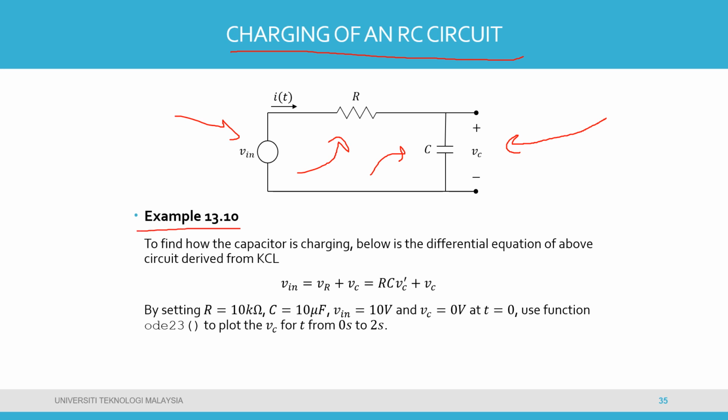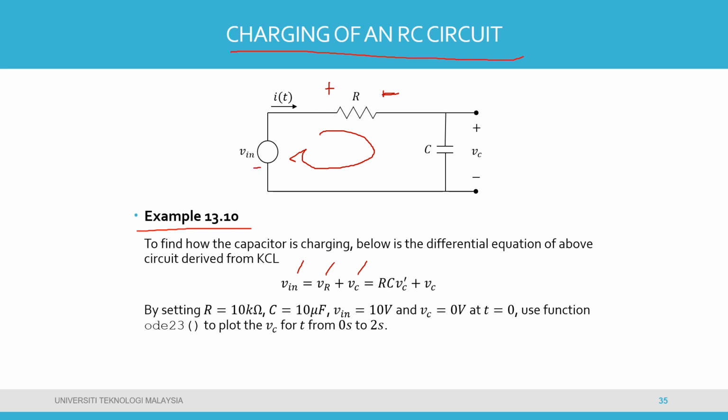To find how the capacitor is charging, the differential equation of the above circuit is derived using Kirchhoff's current law. So you do Kirchhoff's law here: Vin is equal to VR plus VC, the voltage across the resistor and across the capacitor.